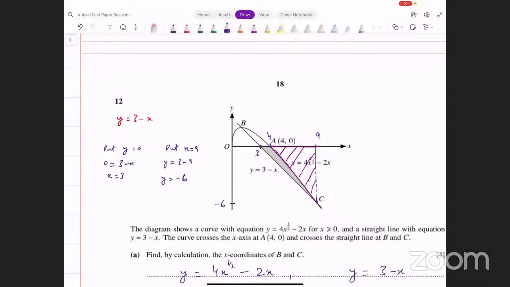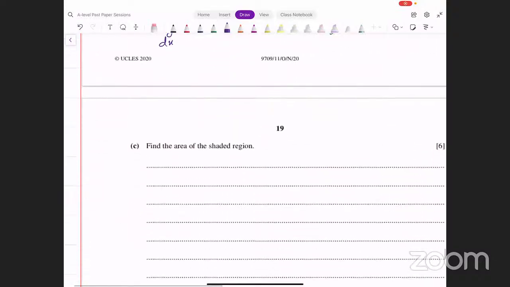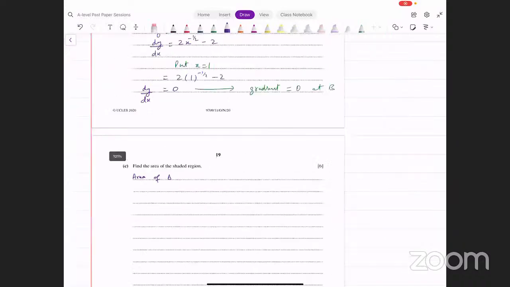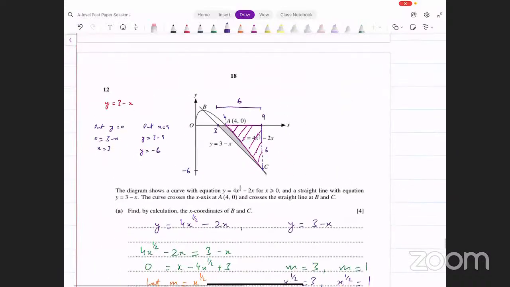तो अब ट्राइंगल की एरिया आ जाएगा हमारे पास. We know this length is 6, height आपकी 6 है ट्राइंगल की, और ये width कितनी है? 3 से लेकर 9 तक. This is 6 units. तो ट्राइंगल का एरिया तो हमारे पास डायरेक्टली आ गया. Let's write that down first. Area of the triangle. इसको फिर नाम दे देते हैं.